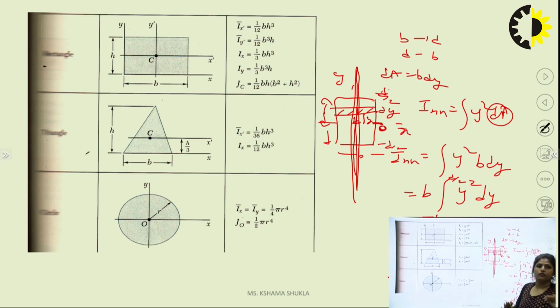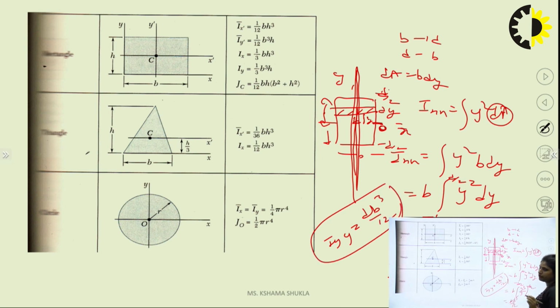So just convert b into d, d into b in the formulas, and you can find the value of Iyy. Similarly, db cube by 12 is the formula for Iyy. So Ixx is bh cube by 12, Iyy is hb cube by 12. Okay, remember it.